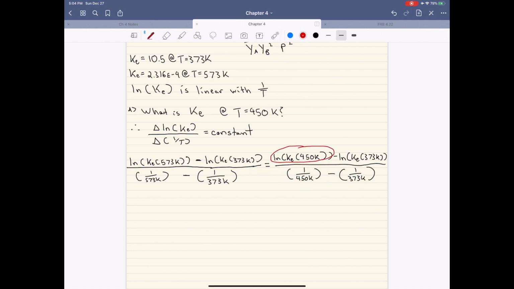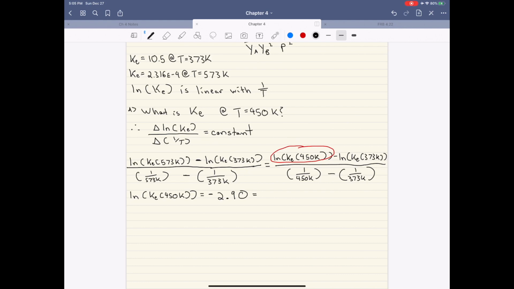Okay? And since I have one equation and one unknown, that means I could rearrange this and solve for that unknown. So I'm going to rearrange this equation. All right? And by doing a little algebra, I could determine that the natural log of the equilibrium constant at 450K is equal to minus 2.9.